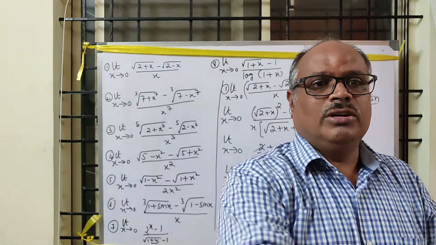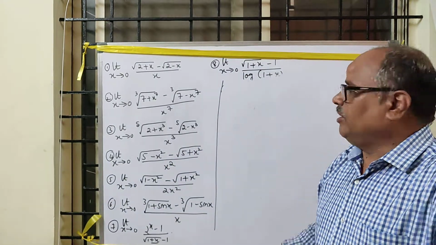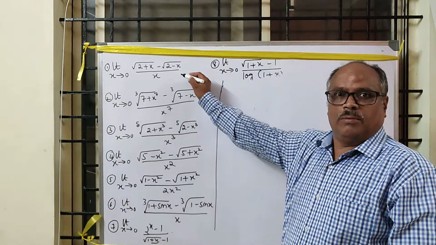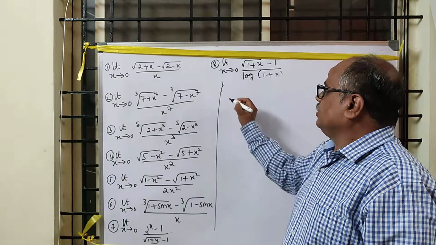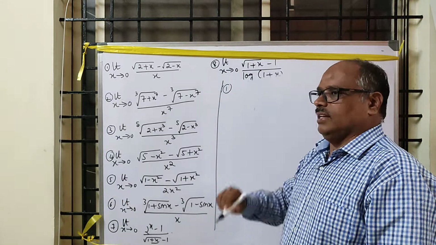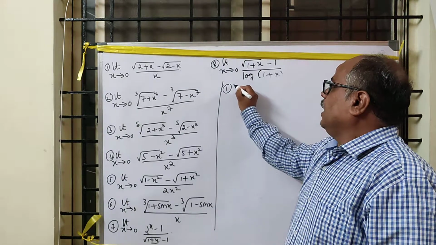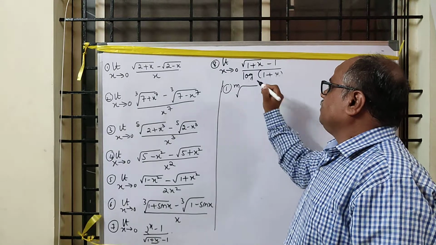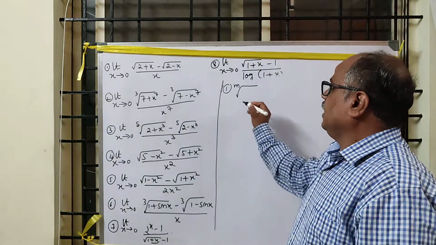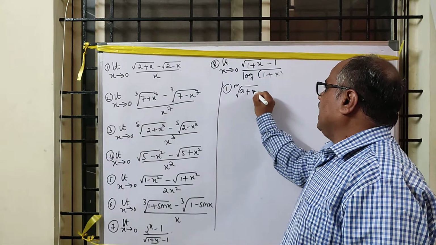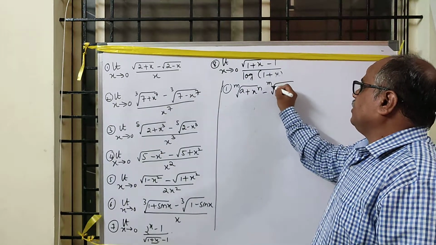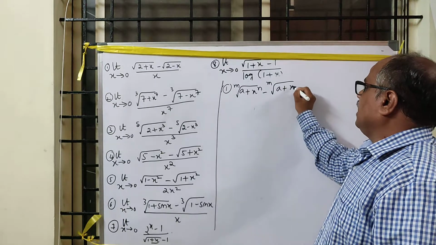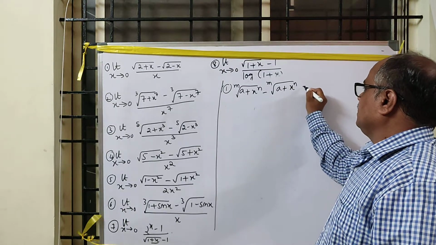How are we going to start? Now I will show you this problem by the shortcut method. One of the shortcuts for this is: limit x tends to 0, m-th root of (a plus x) to the power of n minus m-th root of (a minus x) to the power of n, divided by x.